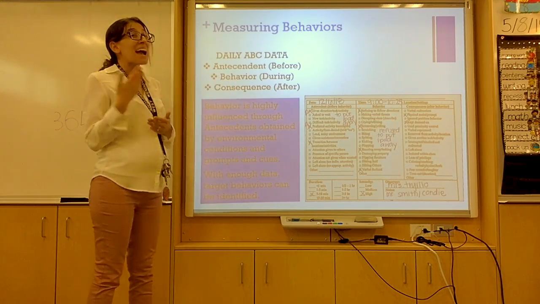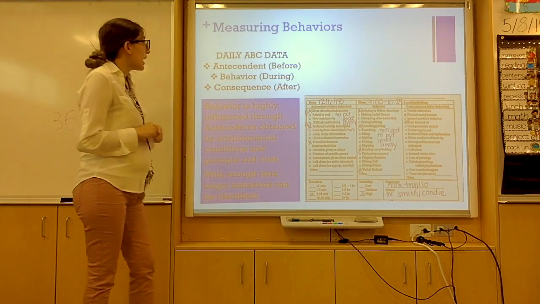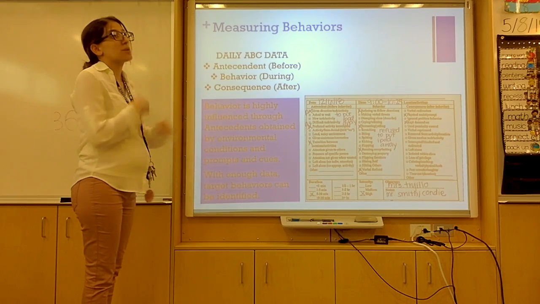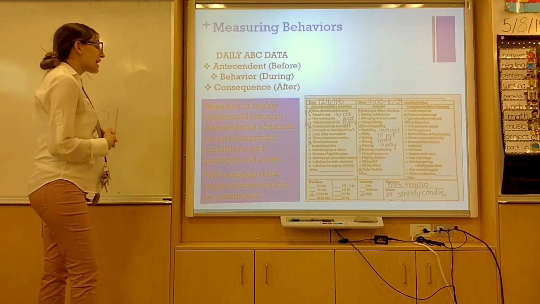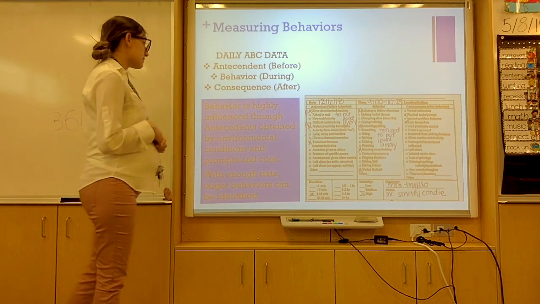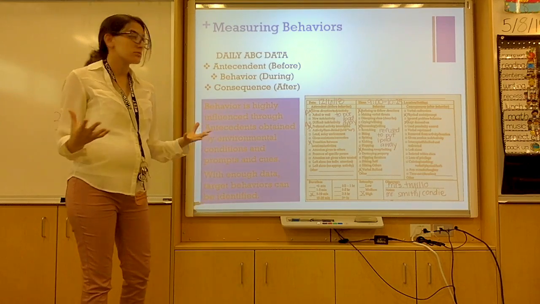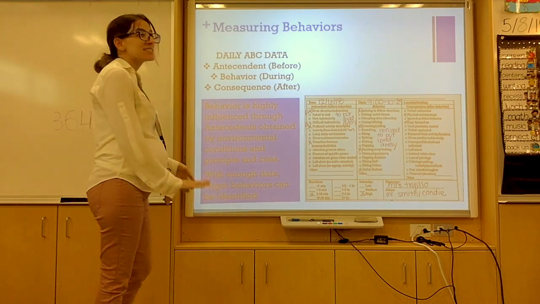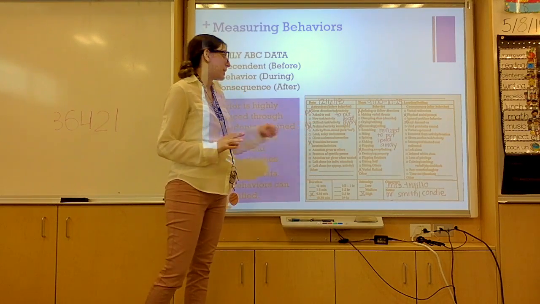Then I'm writing what the actual behavior was, what happened during the behavior. And then I'm writing the consequence, what happened after the behavior. Behavior is highly influenced through antecedents obtained from environmental conditions and prompts and cues. So basically, with enough data, we can identify how the target behaviors are happening.